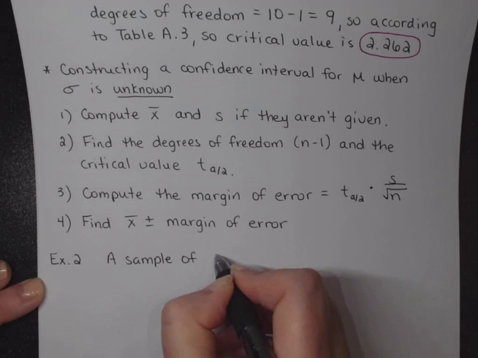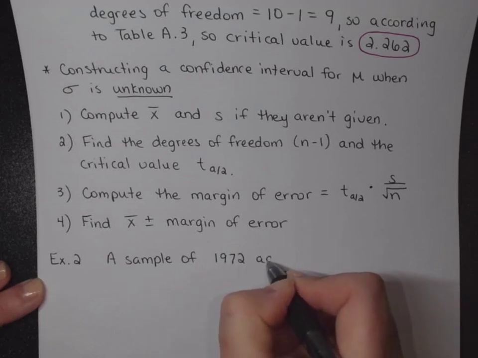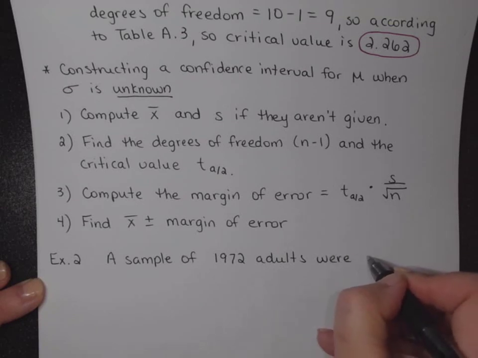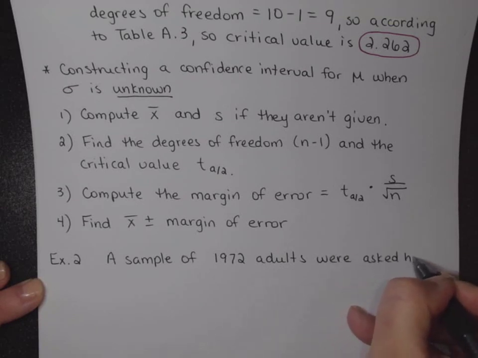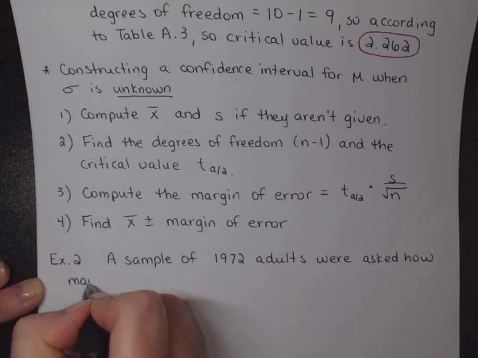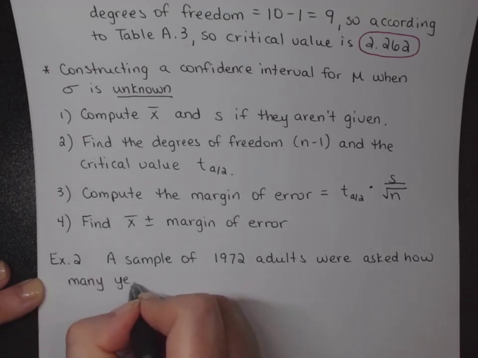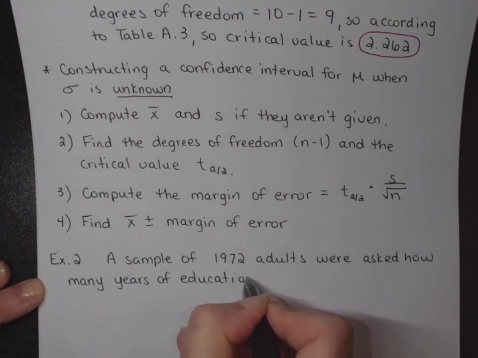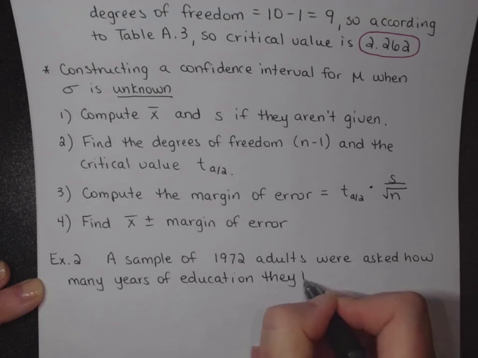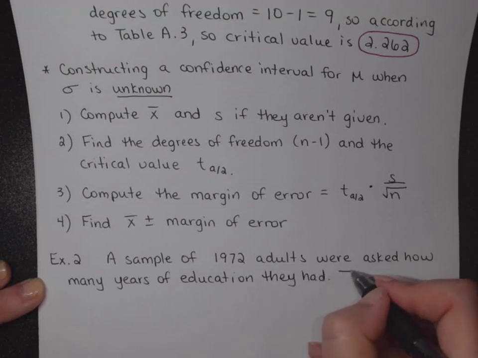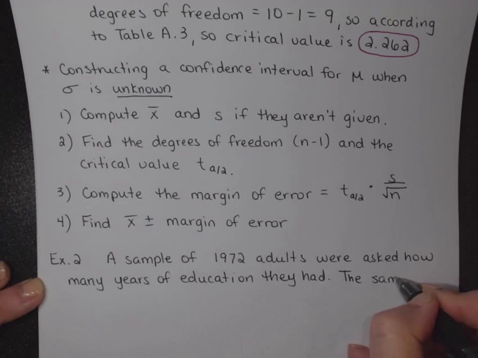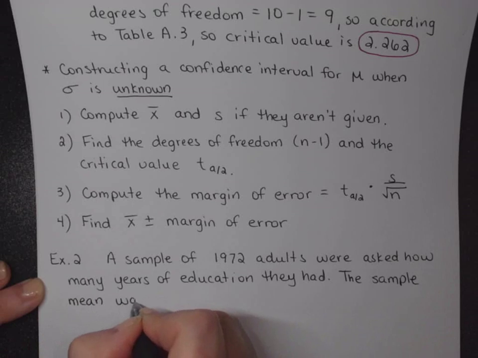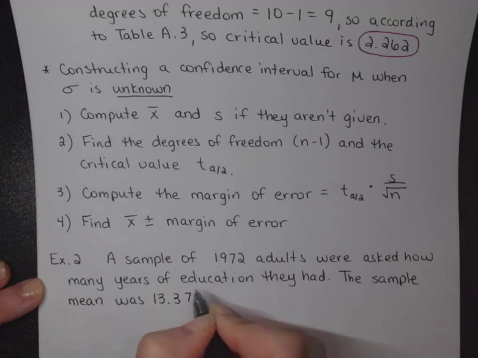So let's say we had a sample of 1,972 adults. And these adults were asked how many years of education they had. Like not college, but total. The sample mean was 13.37 years.